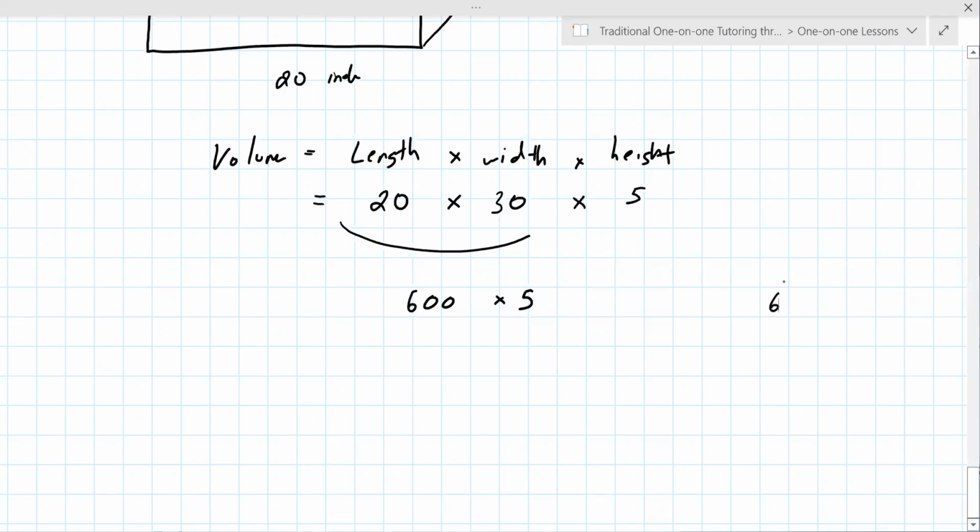Nope. It seems like there's just this disconnect here. You're going to do 600 times 5. And we talked about multiplying 6 times 5 together?